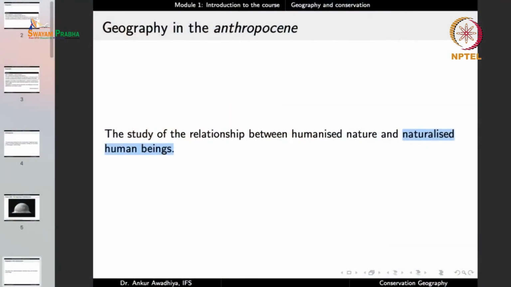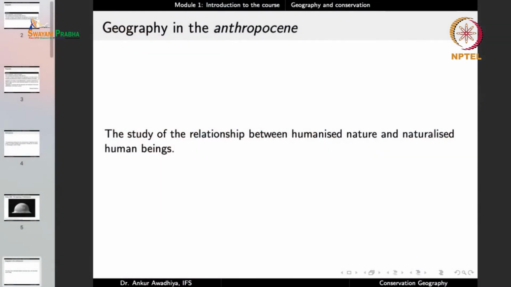And geography in the Anthropocene concerns itself with the study of the relationship between humanized nature and naturalized human beings. So we are looking at the relationship between humans and nature, because in the Anthropocene the impact of the humans is so large that we are the dominant forces on nature.